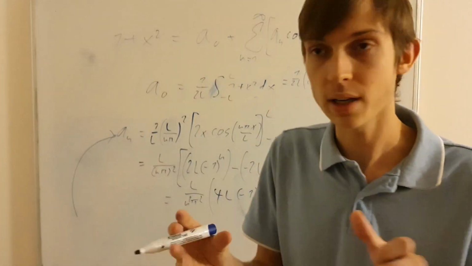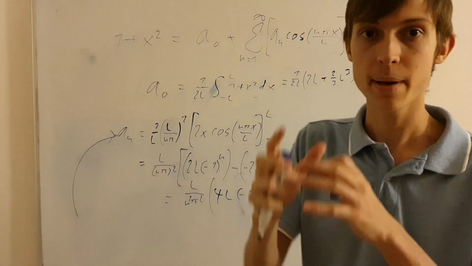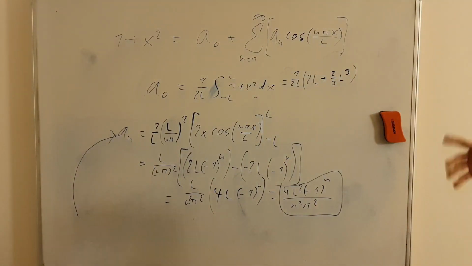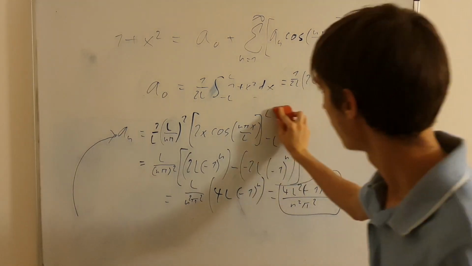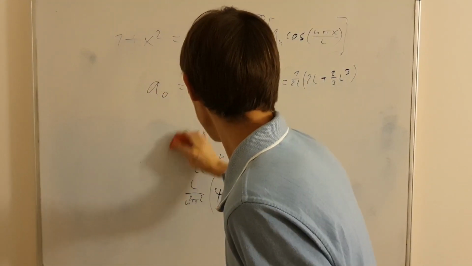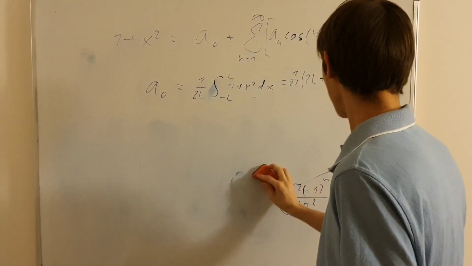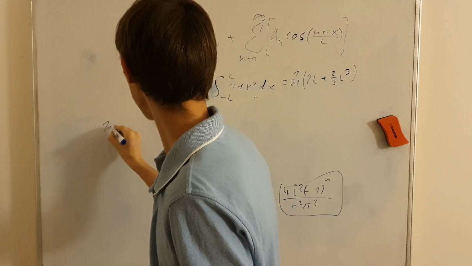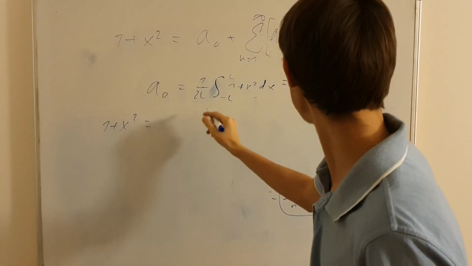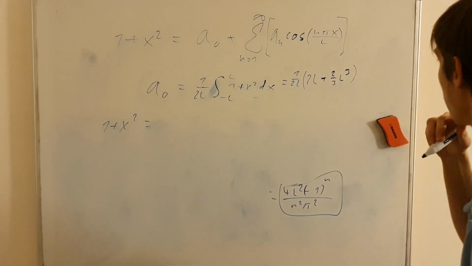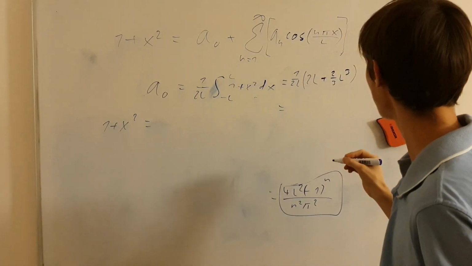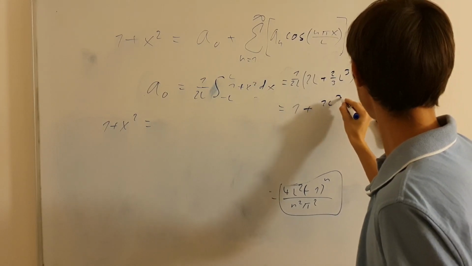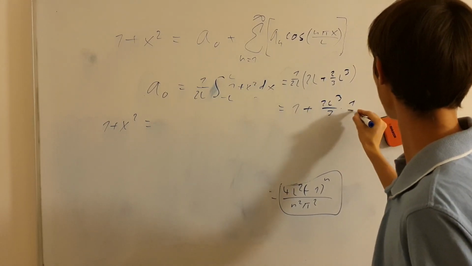And now all I have to do is take this initial structure and plug it in. Because the Bn cancel out, only An and A0 are there, and I will plug them both into the final result. So hoping that everything was correctly calculated, I can finally come to the final result, which is 1 plus x squared equals A0, which was calculated to be, and I said I was going to simplify it, so 12 over 12 is 1 plus 2L to the third over 3 times 1 over 2L.